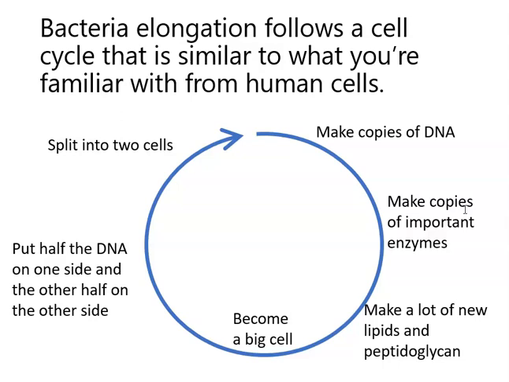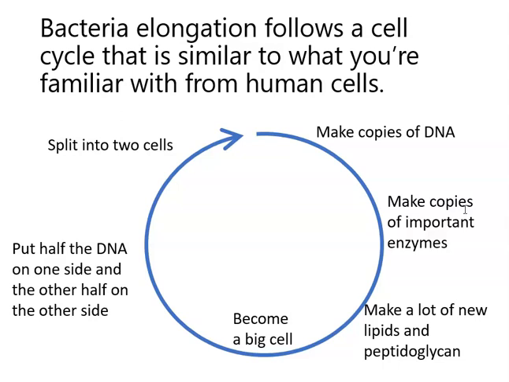So they have to make new lipids so that they can put them in their membrane to make their membrane bigger. And to make those lipids, they have to break down molecules they bring in and change them into lipids. And that requires chemical reactions. That requires those enzymes. They have to move the lipids to the membrane. That requires enzymes.